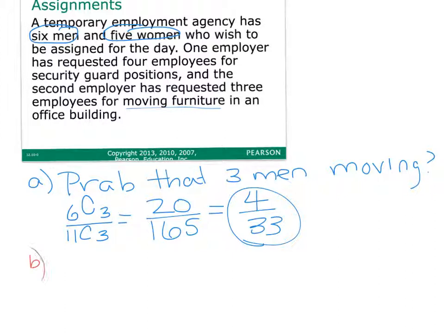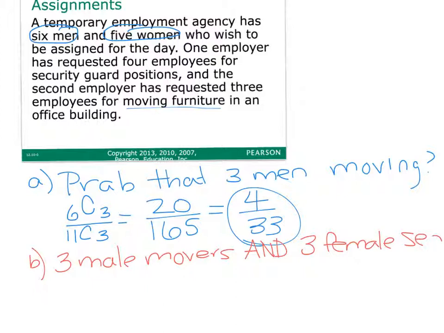So question B, we want 3 male movers and 4 female security guards. Okay, so you're going to have multiple events in this situation. And whenever you have multiple events, you have to multiply the probabilities or the possibilities together.